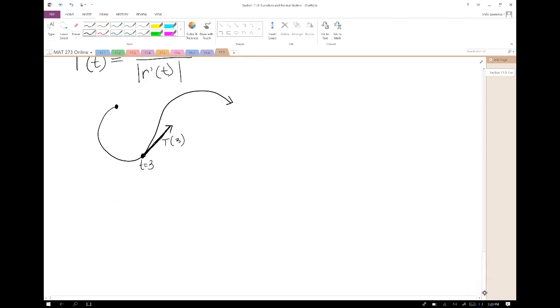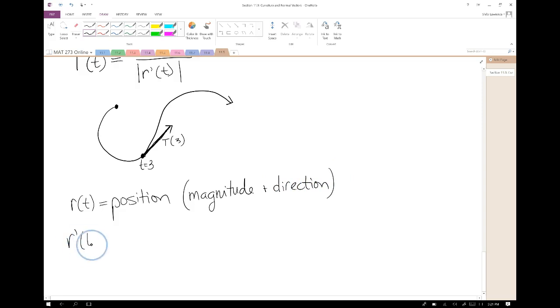One thing that this is very useful for is for decomposing an acceleration vector. So remember, position vector r of t, it's got magnitude and direction. When we calculate its derivative, which we call velocity, the derivative always represents how things are changing.